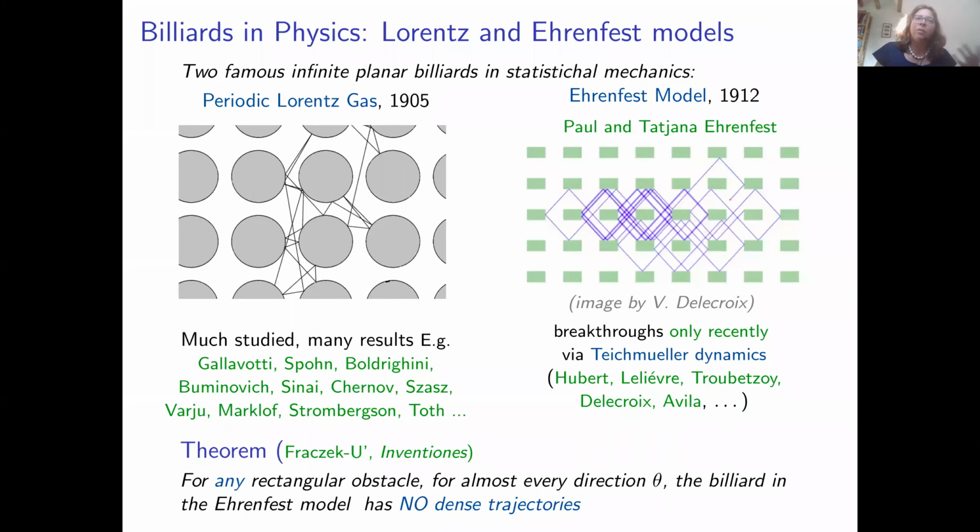While if you look at a compact table, like a rectangle or a square, typically you will see ergodicity, in the Ehrenfest model, if I shoot in almost every direction, you get a billiard which is non-ergodic in a very drastic sense, in the sense that, for example, there are uncountably many ergodic components.